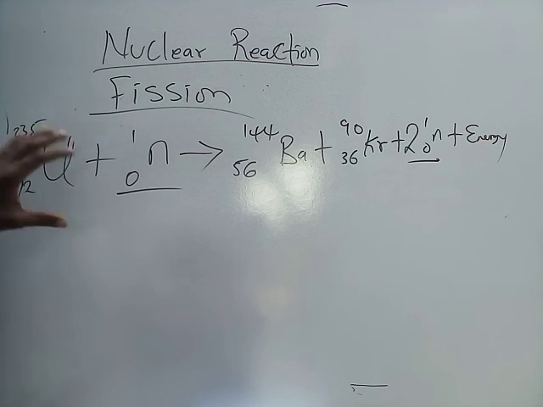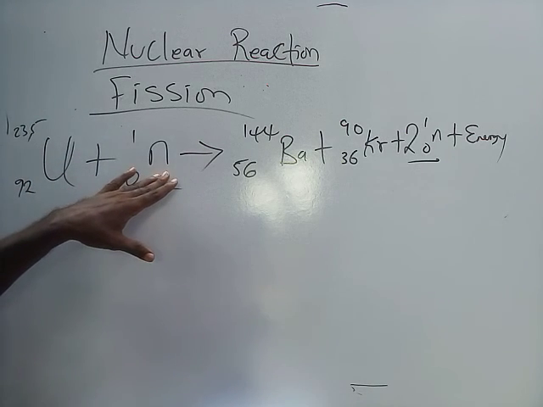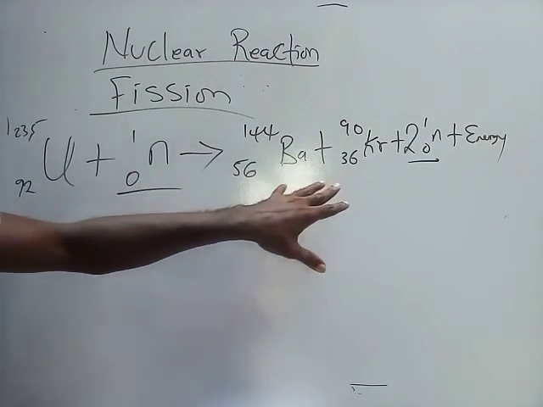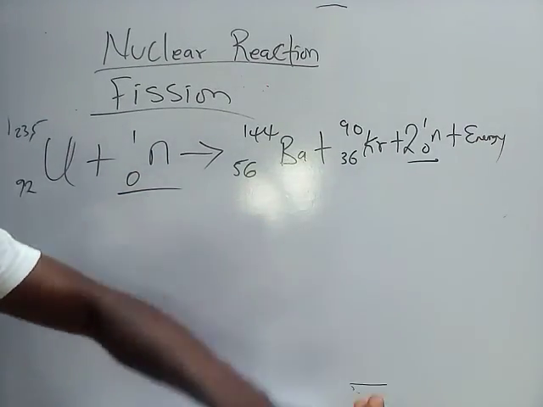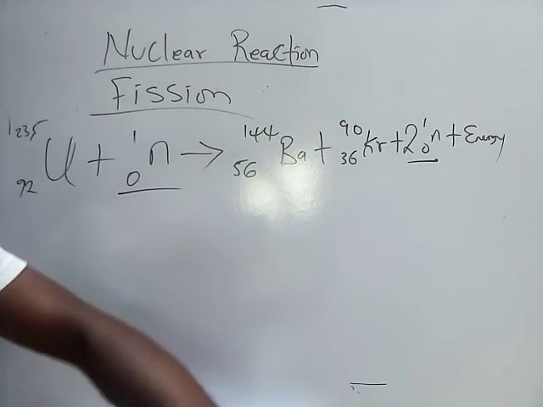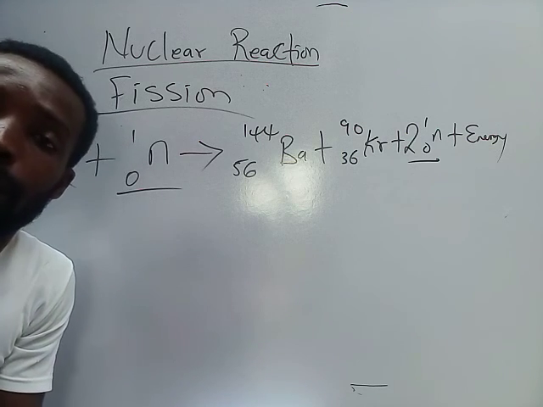This is fission: a heavy nucleus bombarded with a neutron produces two elements and some neutrons, giving out a large amount of energy.